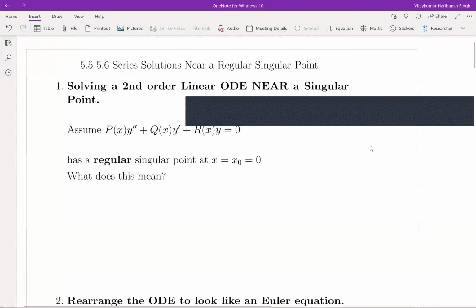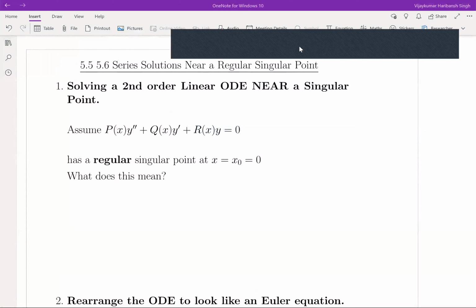Welcome students. So we are going to discuss series solutions to an ordinary linear differential equation of second order at a regular point. So let's start with our differential equation P(x) y double prime plus Q(x) y prime plus R(x) y equals 0.